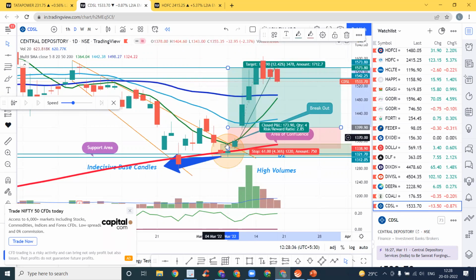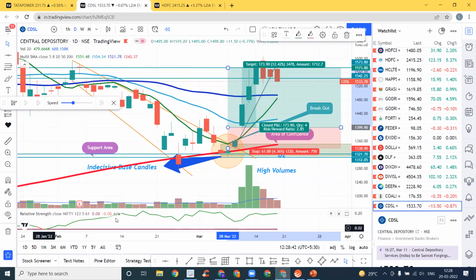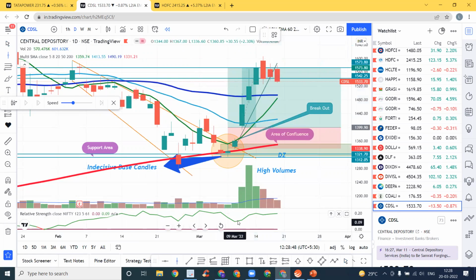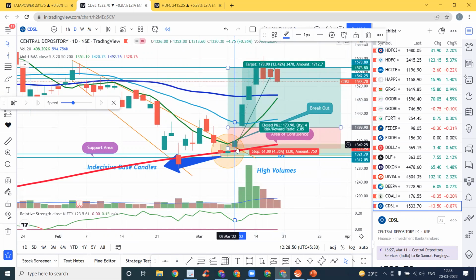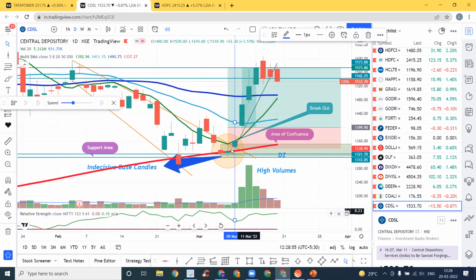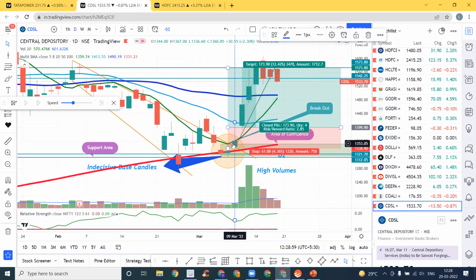So what is it telling me? It is telling me I am moving up. You can see my RSI indicator also is showing me positive. From this point it went up. You can see the slant up. So this area was the best point in CDSL when I should have entered the stock.